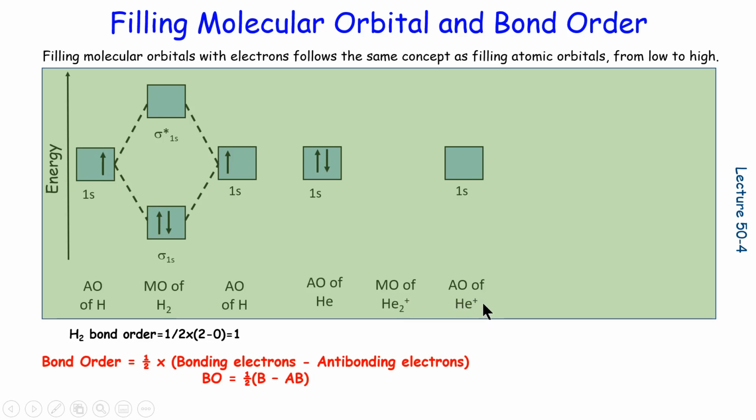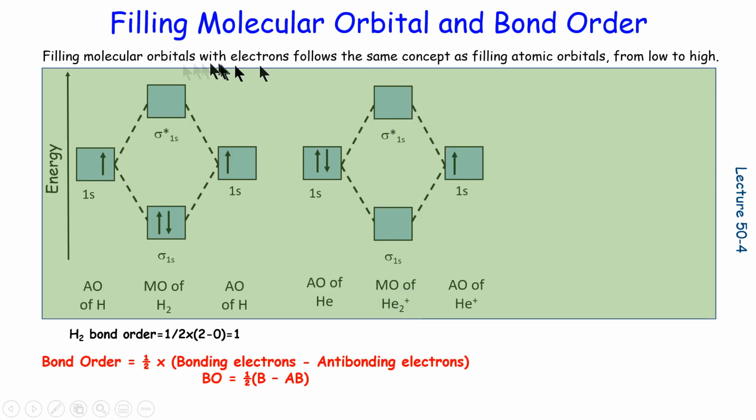So this one, helium, initially has 2 electrons, but now He positive should have only 1 electron because the other one is lost. And now let's take a look at the bonding orbitals, anti-bonding orbitals.